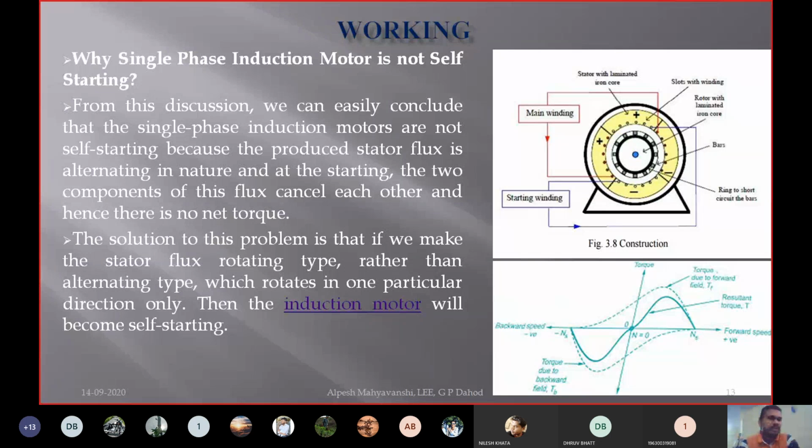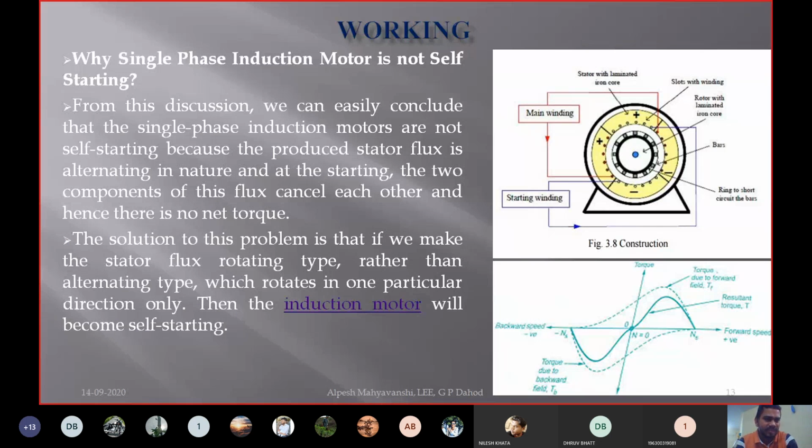When supply is given to a three-phase winding or a two-phase winding, in both cases the rotating magnetic field is produced, whereas when single phase supply is given to a single phase winding, the rotating magnetic field is not produced.